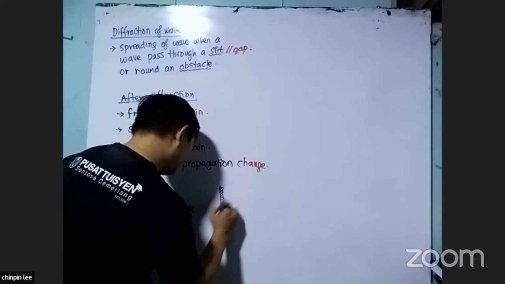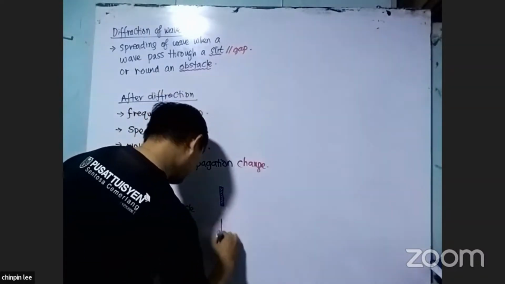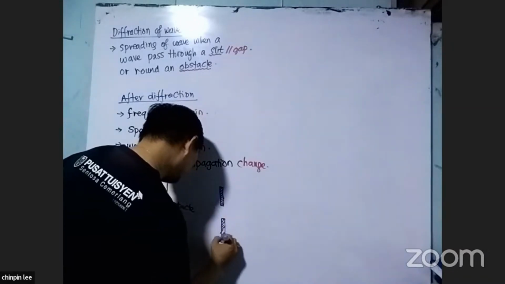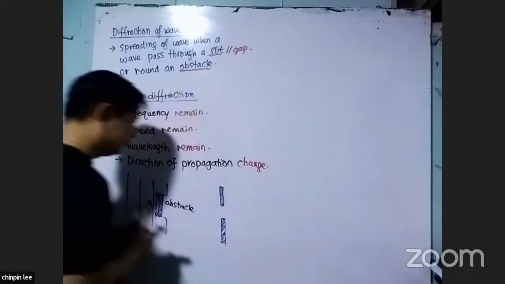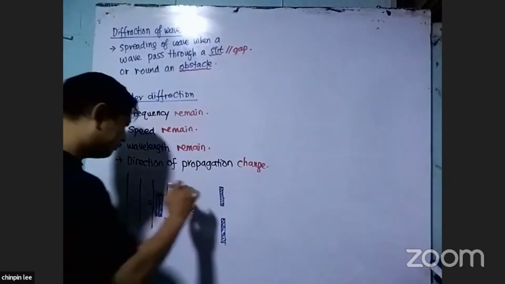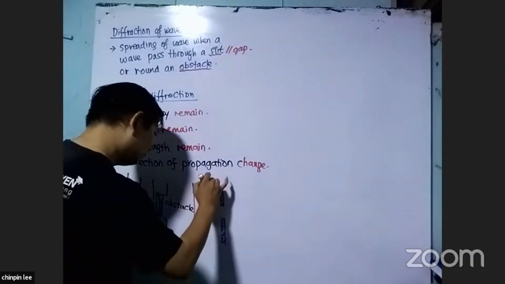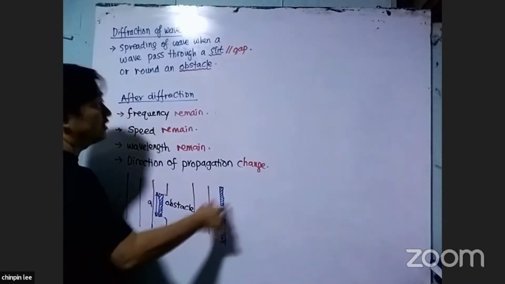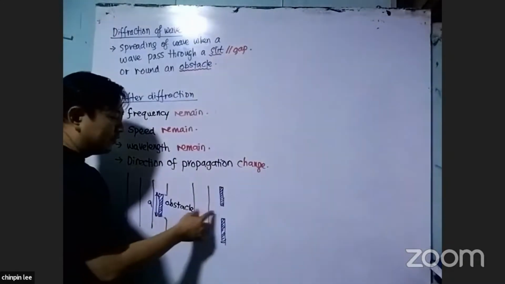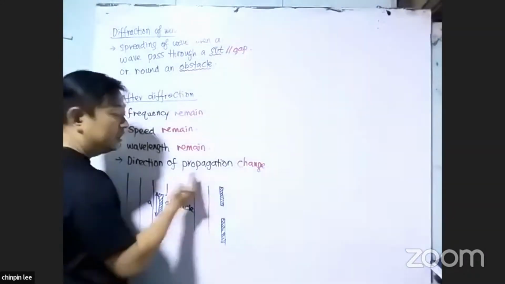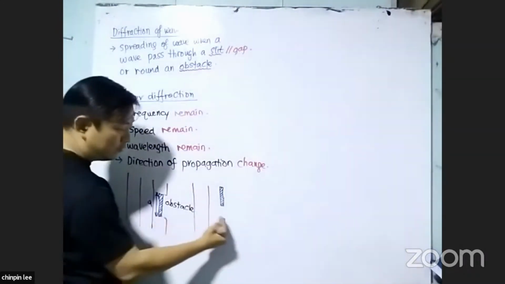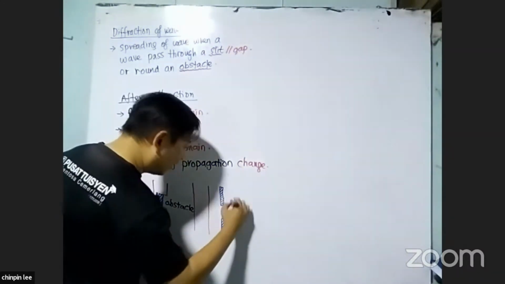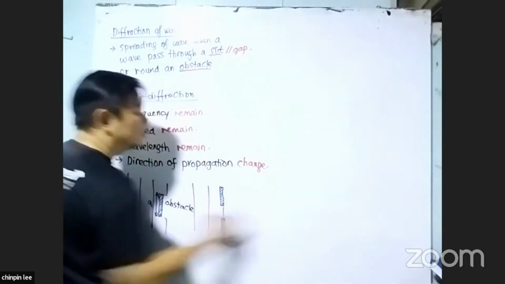Same as this, if the wave goes through a slit or a gap. This is a small gap, or we call it a slit or gap. So when the wave passes through this gap, what will happen? Here it will reflect, yes. But when it goes through the small slit here, I want to see what will happen.